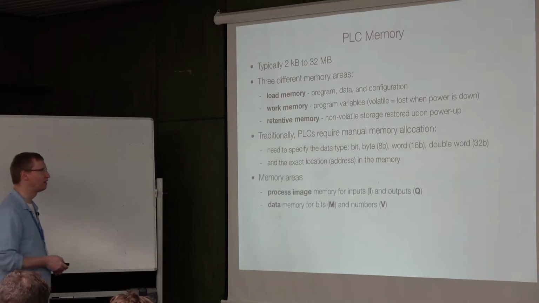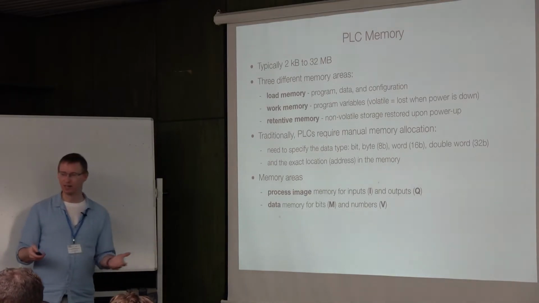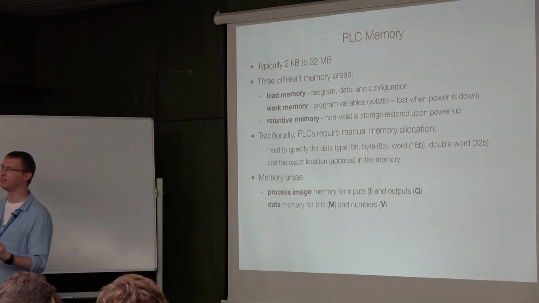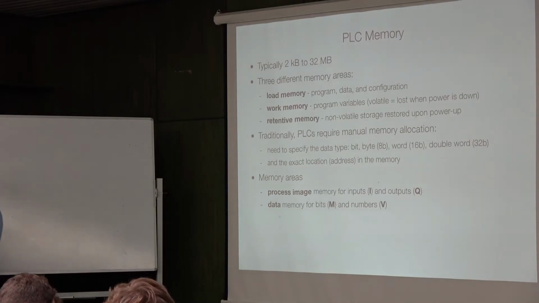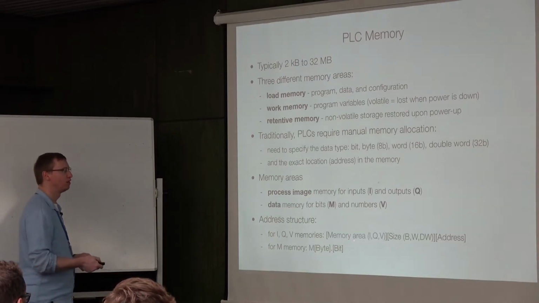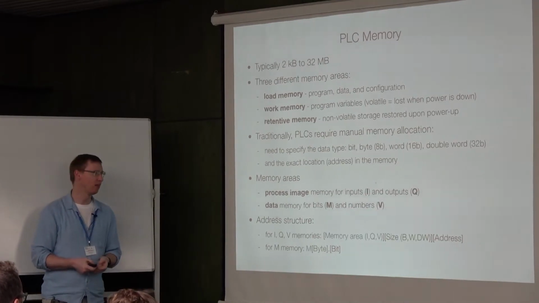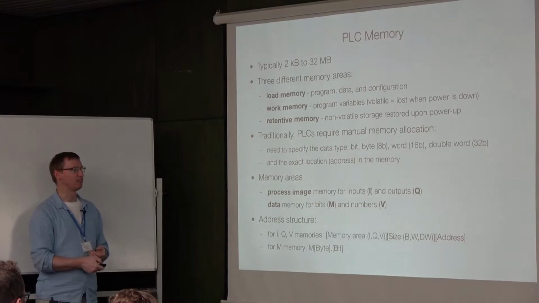And we have to find the location for them in the memory. And finding the location basically means finding an address that we associate with a particular variable in the memory. And this address is composed of whether we are talking about a variable which corresponds to the inputs or the outputs or some internal variable. We have to specify the size and the address.